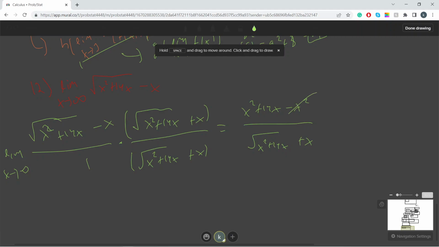So we see here that the x squared terms cross out, right? And now we're left with, I should actually be writing the limits here, the limit as x approaches infinity of 14x over the square root of x squared plus 14x plus x.